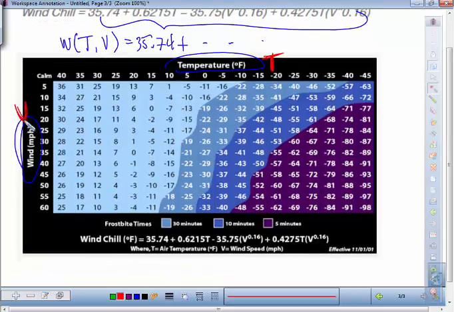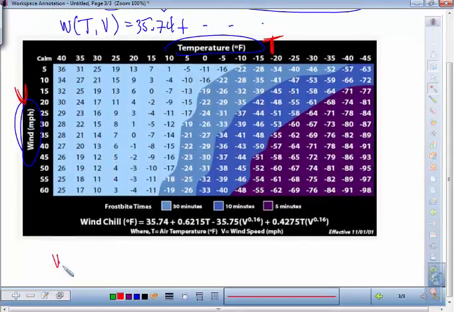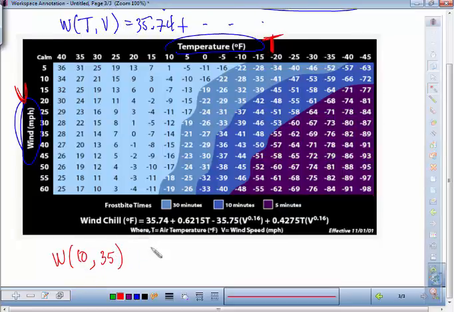If I were to ask you, based on looking at this table, what is the wind chill at 10 degrees Fahrenheit and a wind speed of 35 miles per hour?